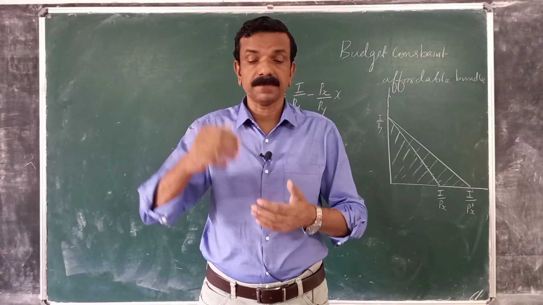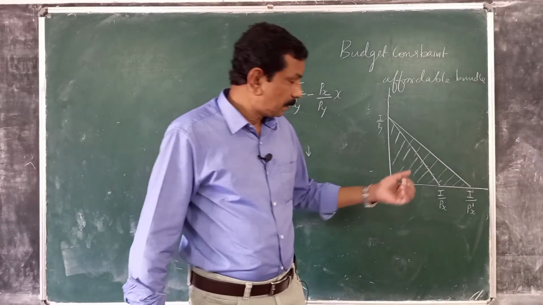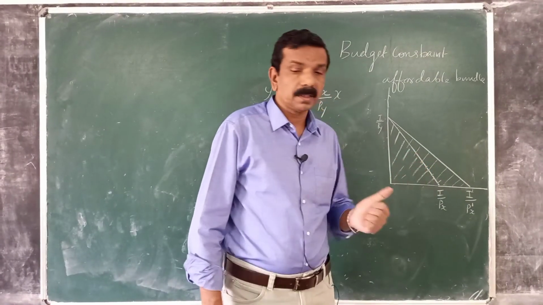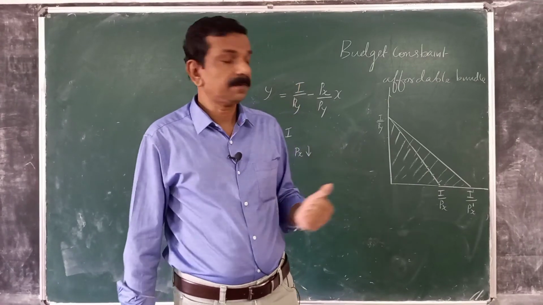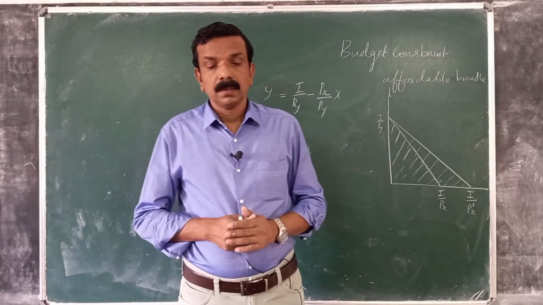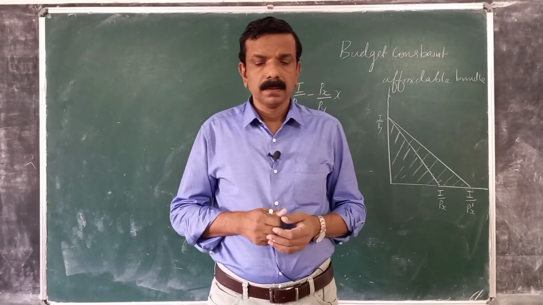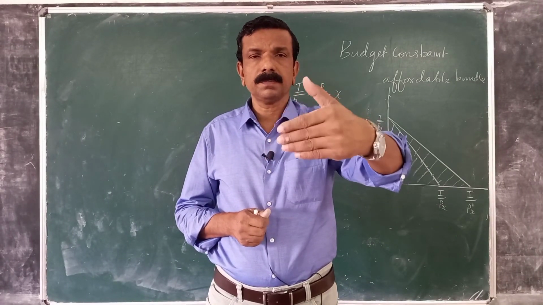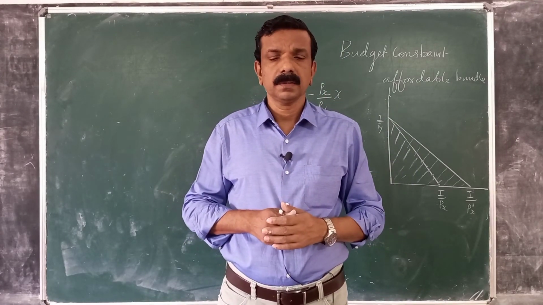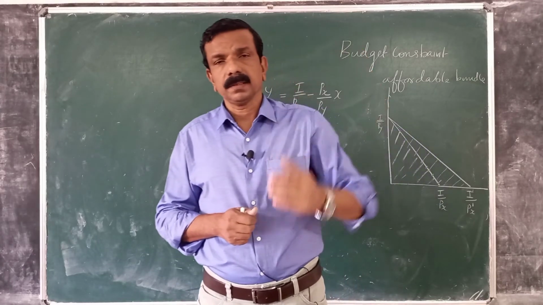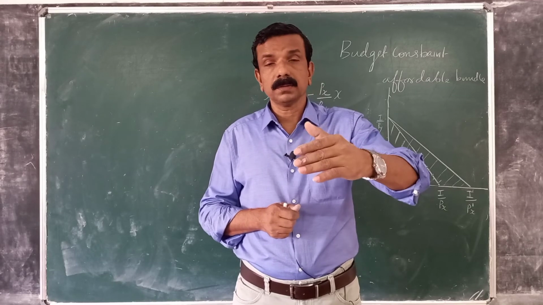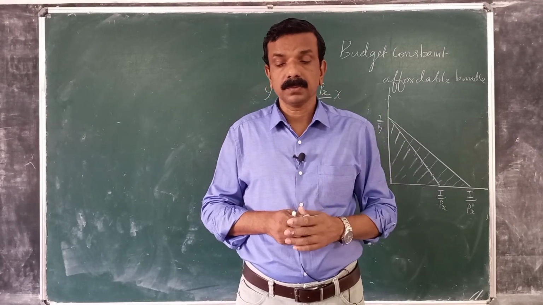So, the budget line shifts inwards to 1/2 of the original budget line. Suppose that we multiply both Px and Py by 2. This is equal to dividing income by 2.